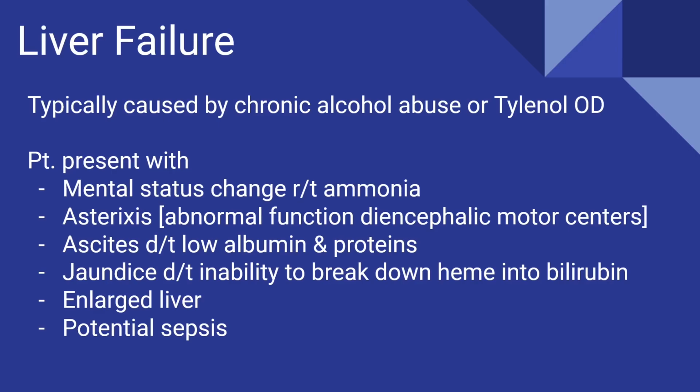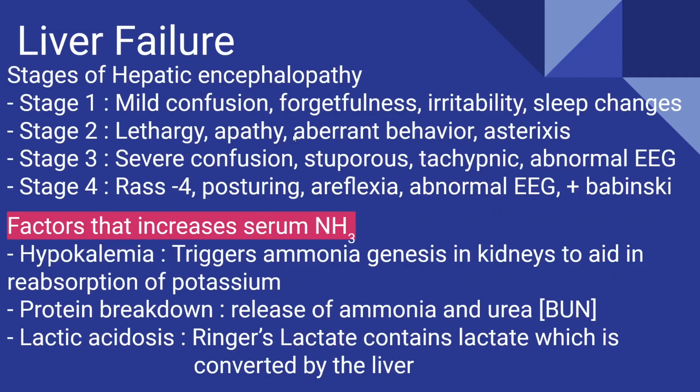We talked about that jaundice with the inability to break down heme into bilirubin and conjugate it. That's the key, is conjugating our bilirubin. That's our total bilirubin. We can see an enlarged liver, and then it can potentially lead to sepsis. So a lot of this we gotta keep an eye on of what the patient's potentially presenting with.